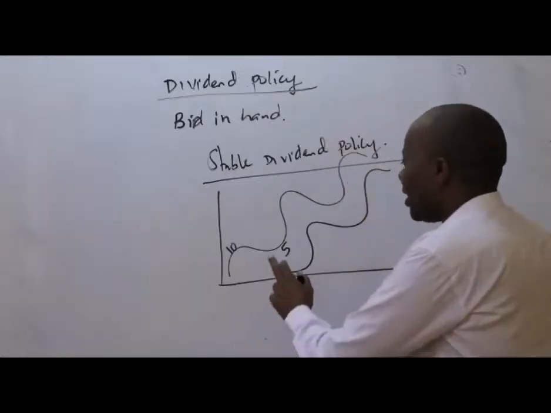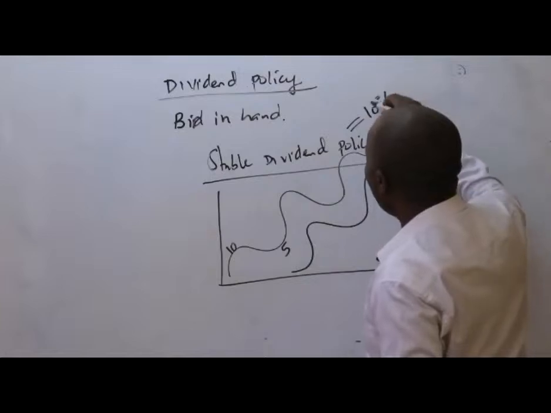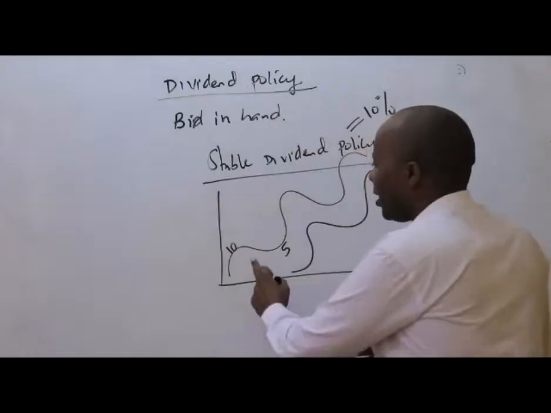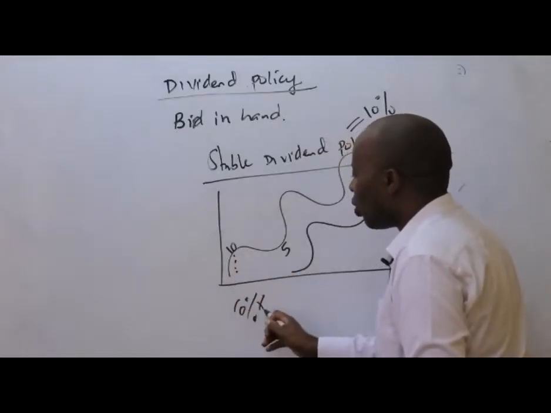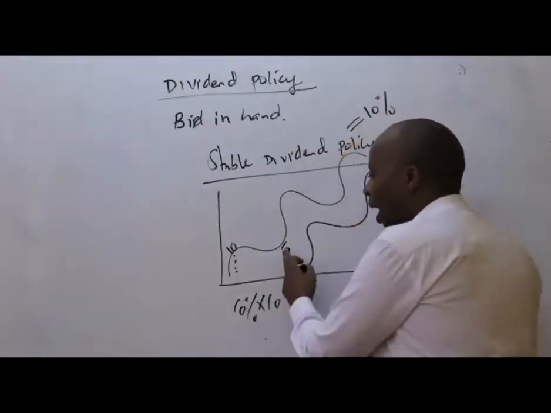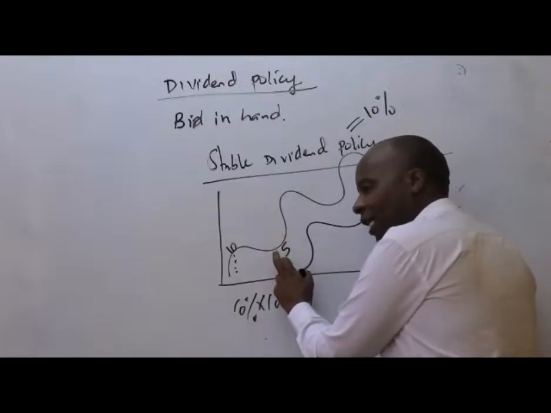Such that if our stable dividend policy is, for example, 10%, then in this particular year we take 10% of our profit, which is 10, giving 1. Again, we go to another year where profit after tax is 5.